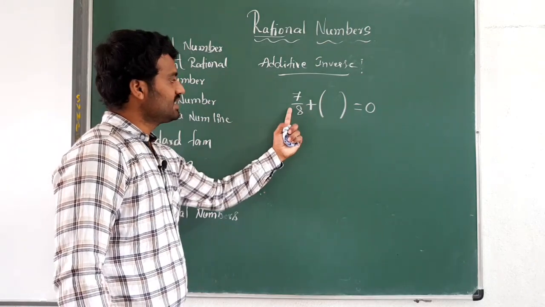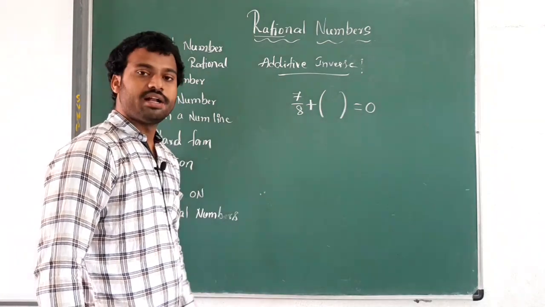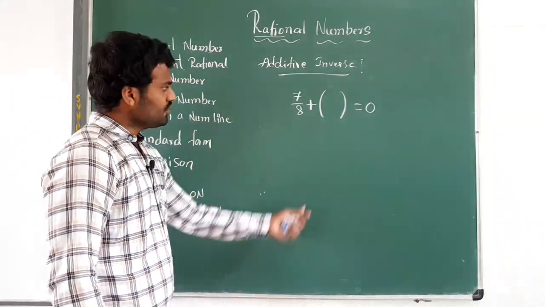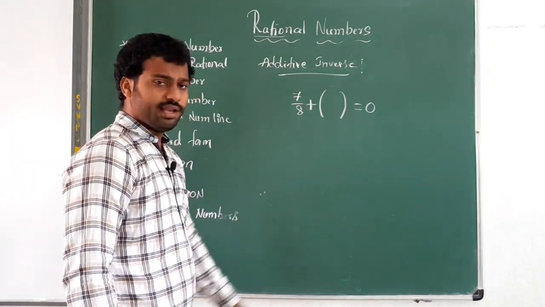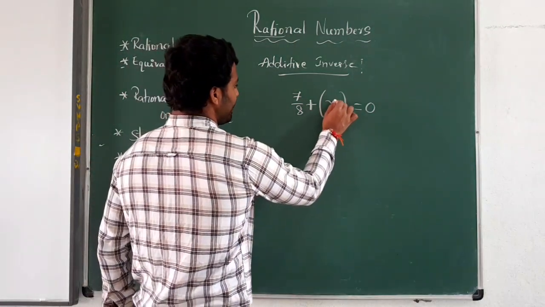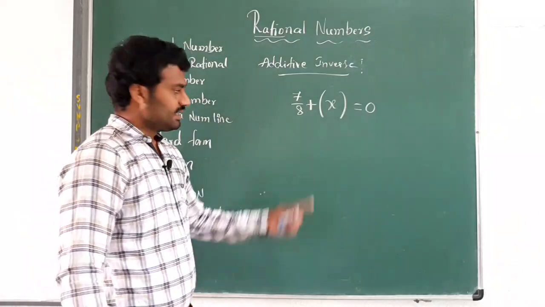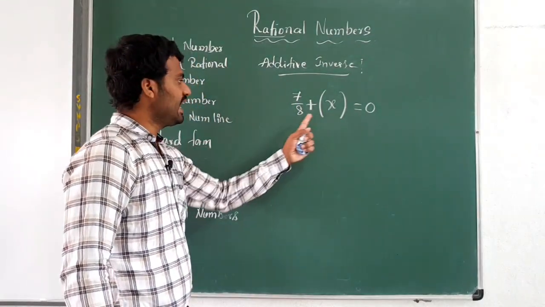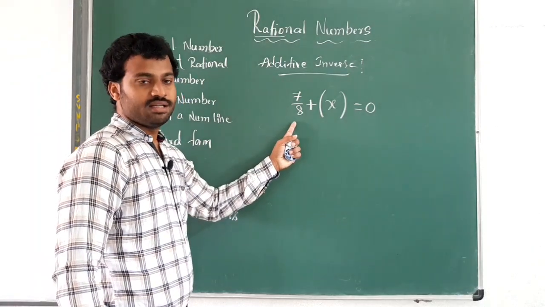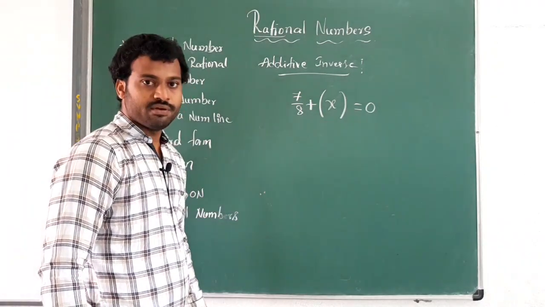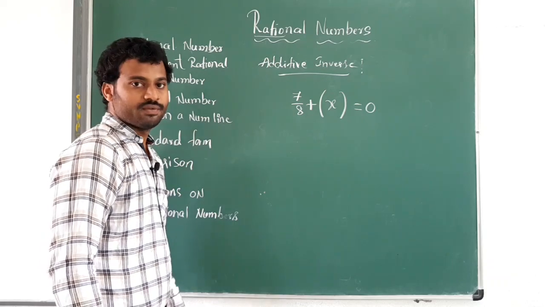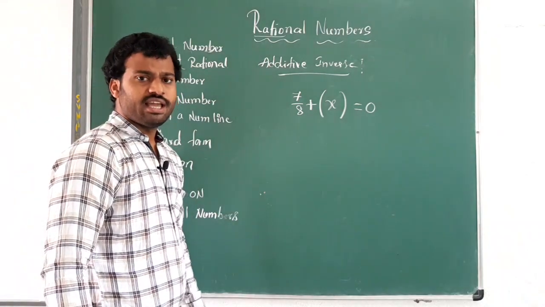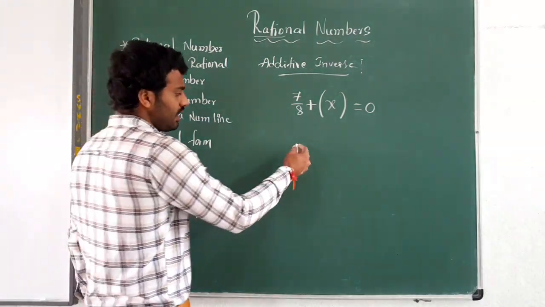Suppose I don't know what this value is, so I will take it as x. 7 by 8 plus x will give 0. So x is the additive inverse of 7 by 8, and 7 by 8 is the additive inverse of x, vice versa.